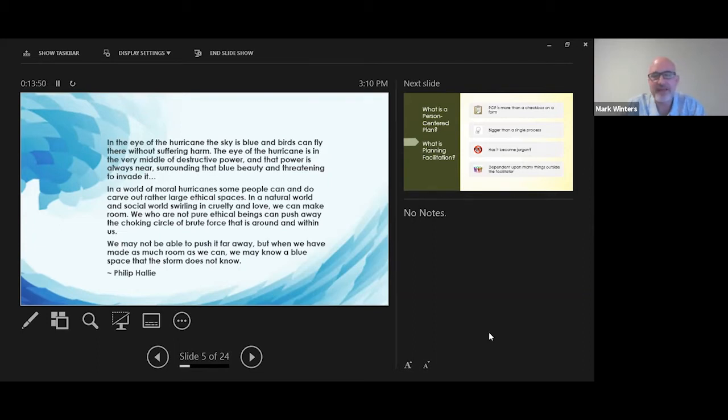When I reflect on that, I think about the work that we do, and what it brings to my mind is the fact that we're all super busy. We all have crisis. We all have things happening in our lives. We all have really busy jobs, and that is the hurricane that swirls around us all the time. And we sometimes have to just press pause and find and create that space.